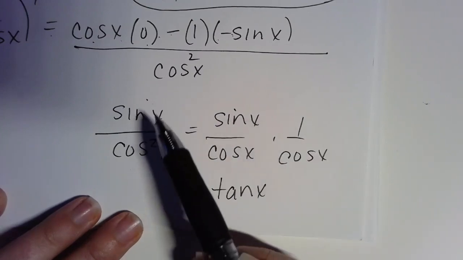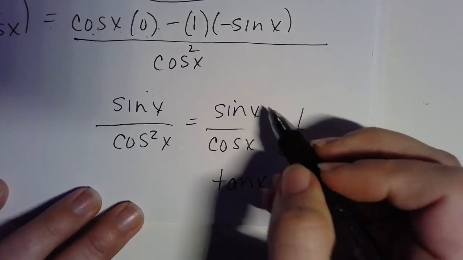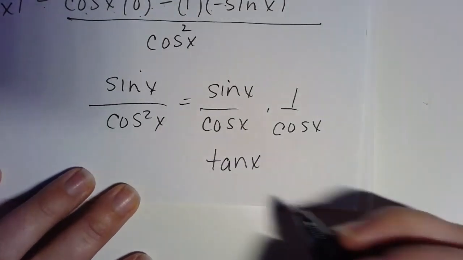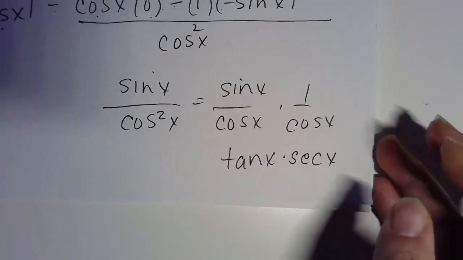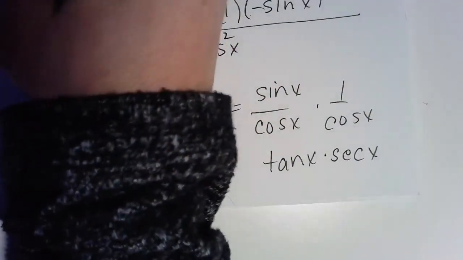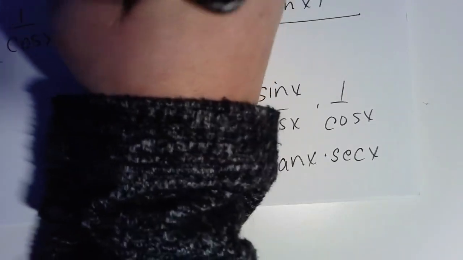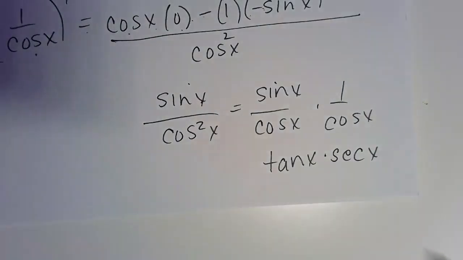If I multiply this back together, I get this, but now I know that sine of x over cosine is tangent, and then this one is secant, okay? We usually write it as secant tangent or tangent secant, it doesn't matter, but the derivative of secant is secant of x, tangent of x.